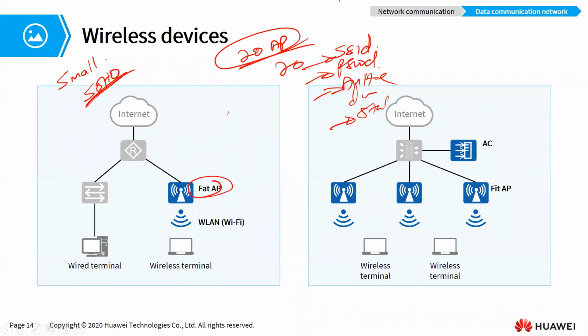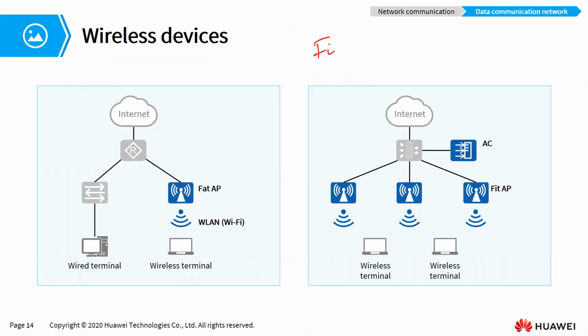And because of that, we have another kind of access point that we call the fit access point. In the fit access point, we don't configure anything on the access point. We configure the access controller, so that we set up the access controller to work together with the fit access point so that the controller can deliver configurations to the fit access point.